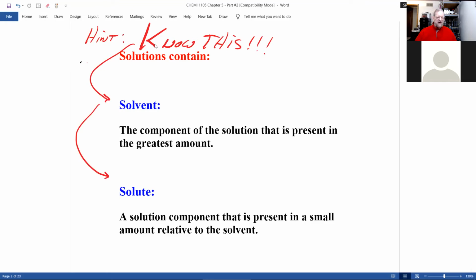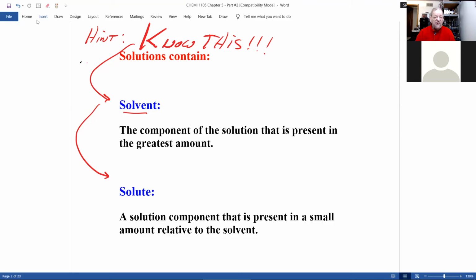And those 2 definitions are important names. When we talk about solutions, there are two parts to the solution. One is called the solvent, and the solvent is the component present in a solution in the greatest amount. Again, the solvent is always defined as the component of a solution that's present in the greatest amount.